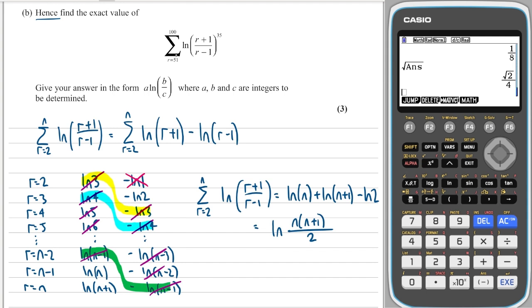to find the exact value of the sum between 51 and 100 of this, ln to the power of 35.